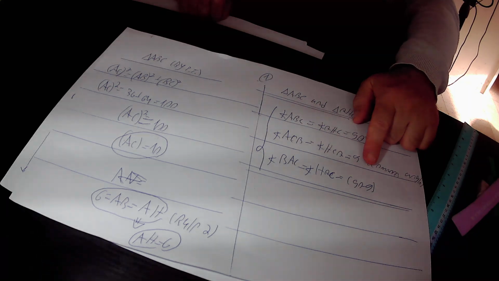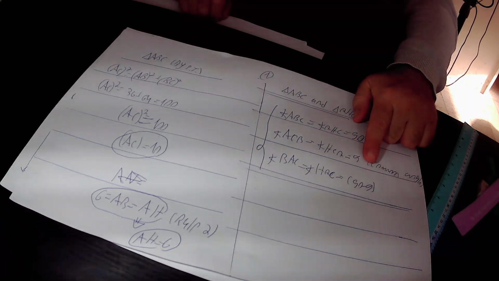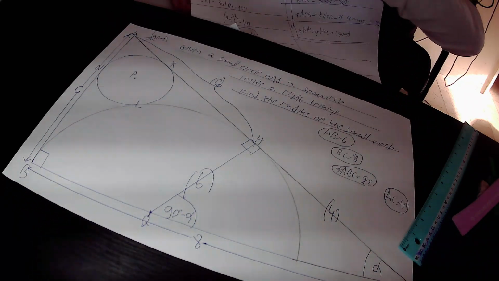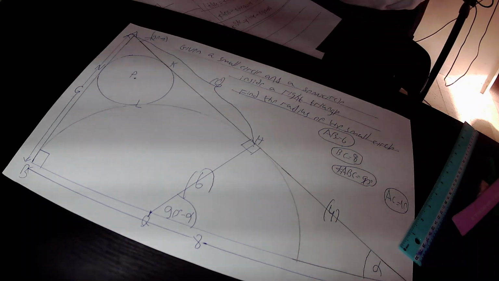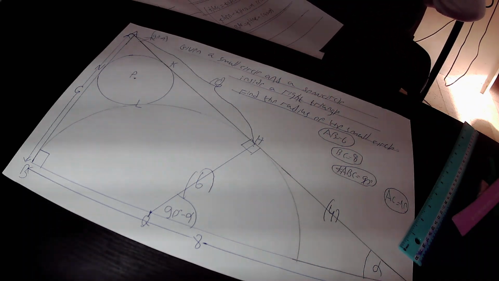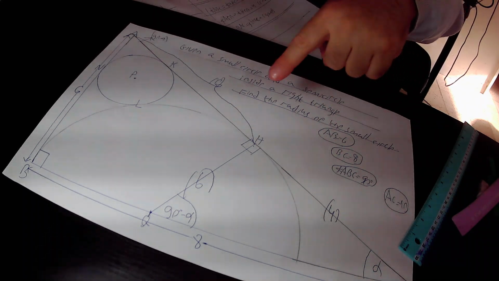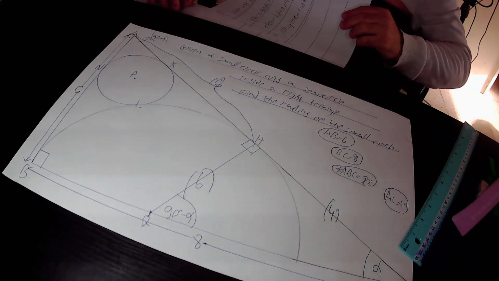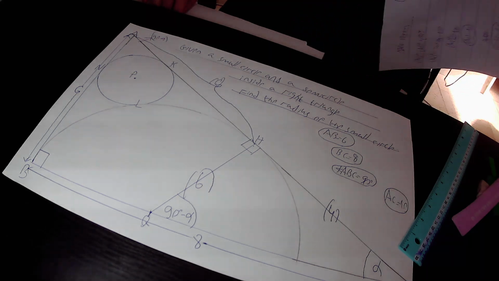They are both equal to 90 degrees minus alpha, therefore they are equal to each other. Okay, so it proved that all the angles of the big right triangle ABC are correspondingly equal to all the angles of the small right triangle HQC.